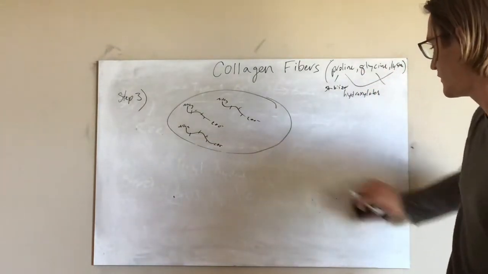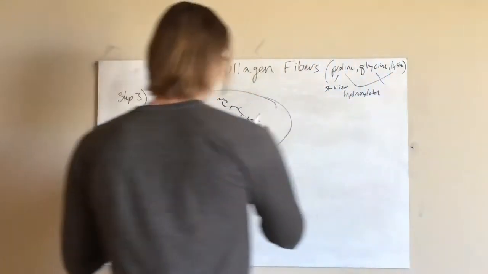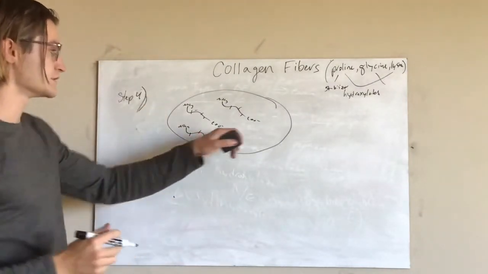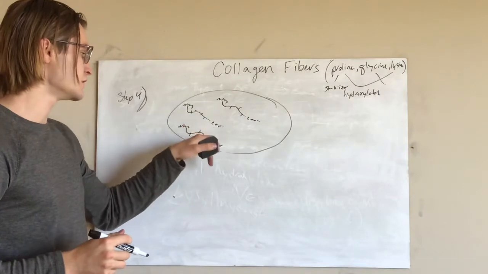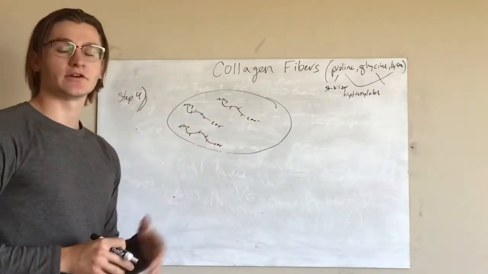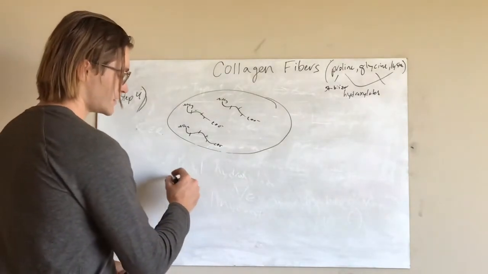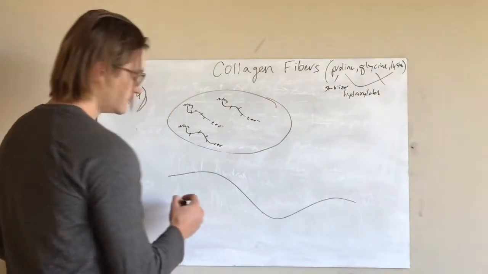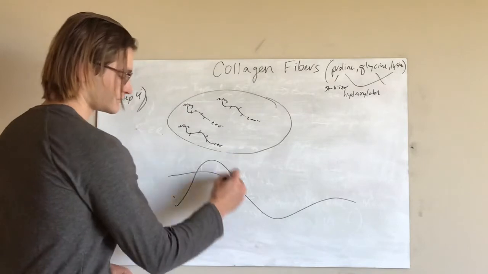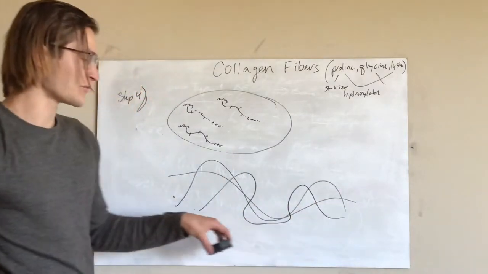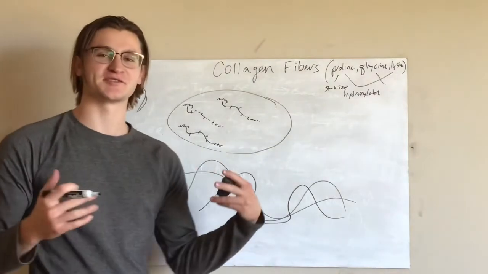And then, so now this is gonna be step 4. I'm gonna reuse this picture. So now we have each of our alpha chains that are now hydroxylated, and so they're gonna make our triple helix. You gotta excuse my poor drawing, but it's supposed to be a triple helix. It's supposed to look like DNA.